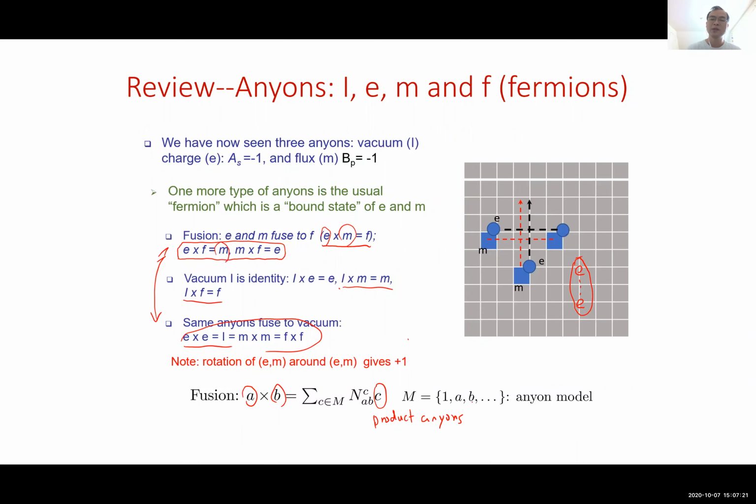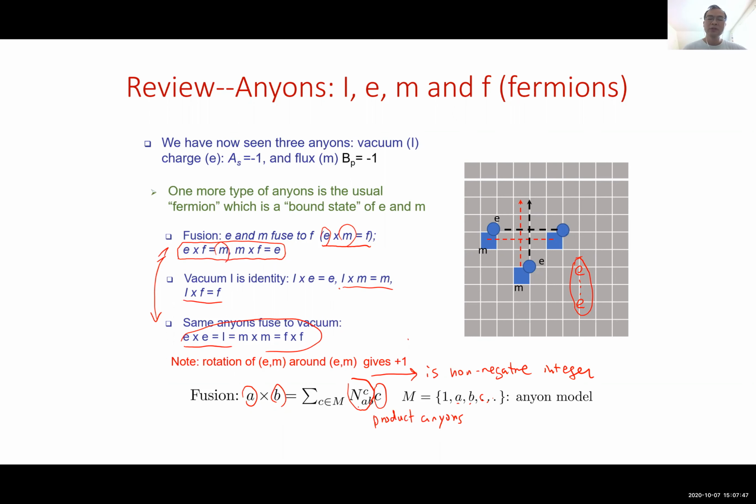And that could be A, B, C, D, E, etc. And this n here is a non-negative integer. Of course, we only focus on the positive ones because 0 means that no such anyon is fused into.